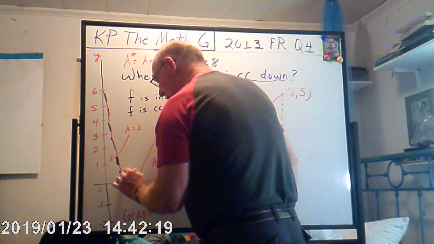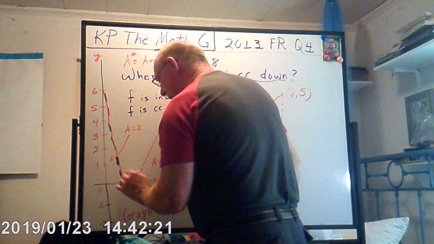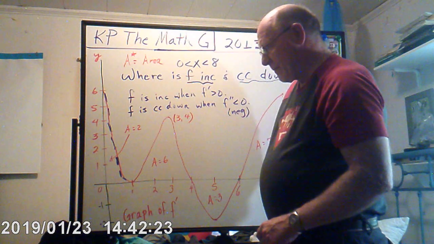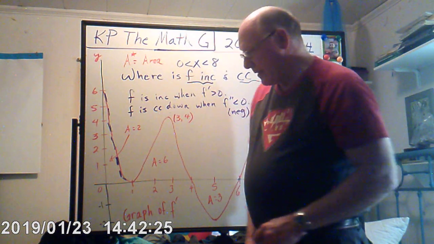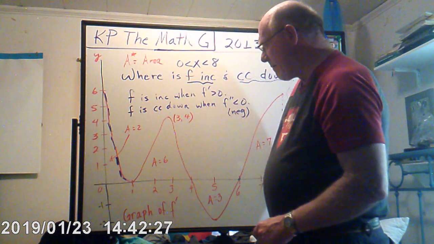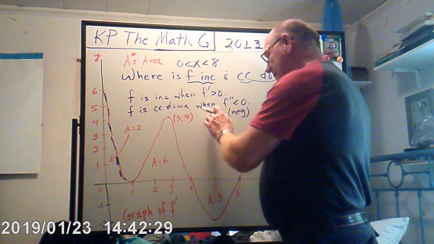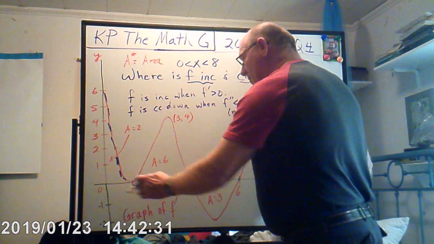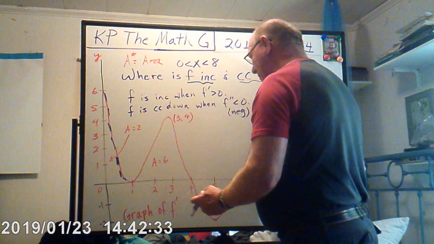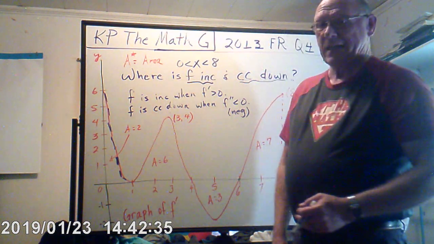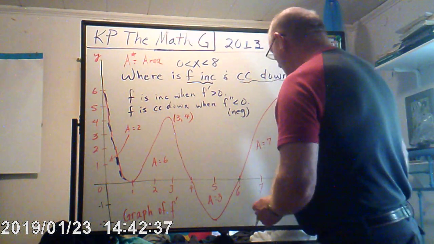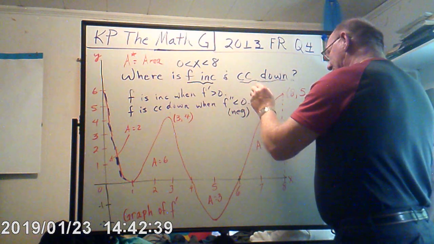Those slopes are leaning to the left, aren't they? So yes, concave down from 0 to 1, and increasing from 0 to 1. You have to answer both of them at the same time. So concave down and increasing.